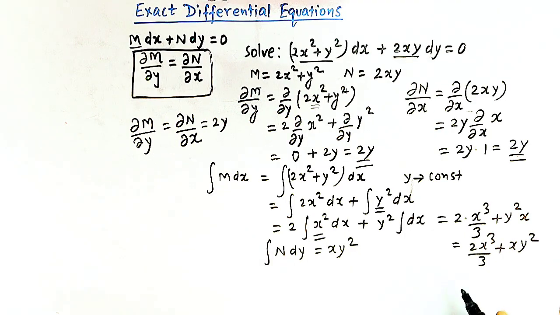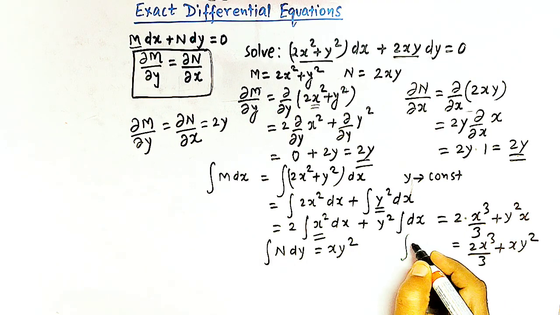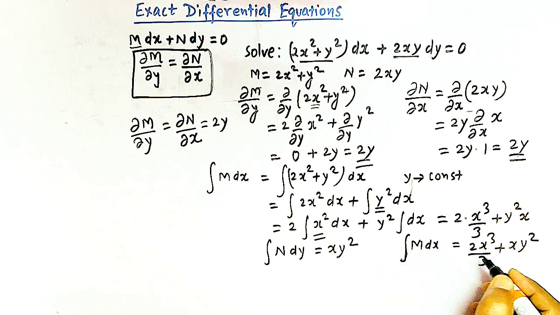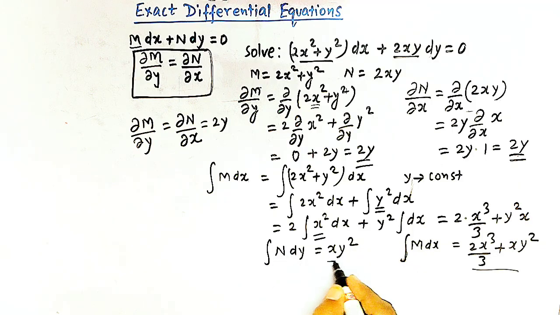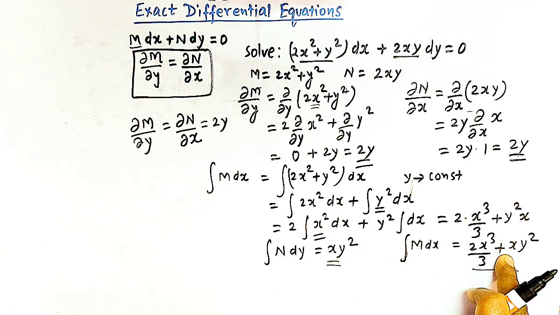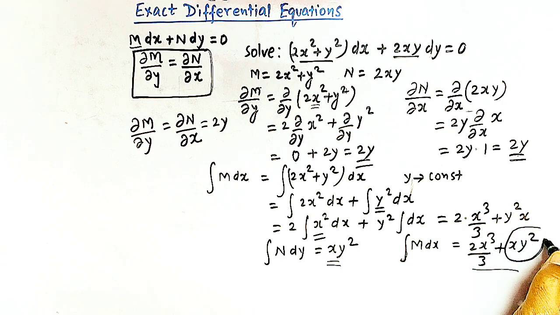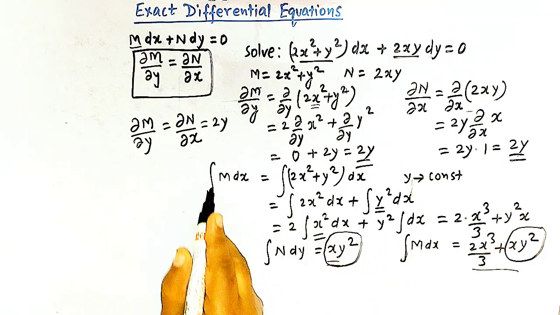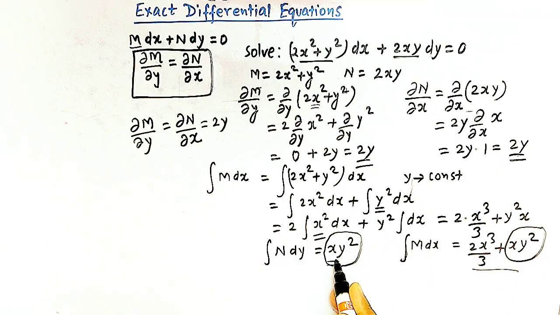So now we see that the integral m dx is given by this expression, and integral n dy is given by this expression. And if we look at this expression and this expression, then we can see that this term, that is xy square, appears in both the expressions, right?